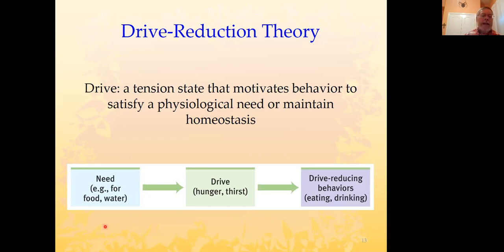Well, in fact, these drives are very powerful motivators. So the person that is starving might actually, in a time of famine, eat rotting food or other unappetizing things. A person that's dying of thirst might actually even ingest their own urine in order to reduce that thirst drive. And so there you go.